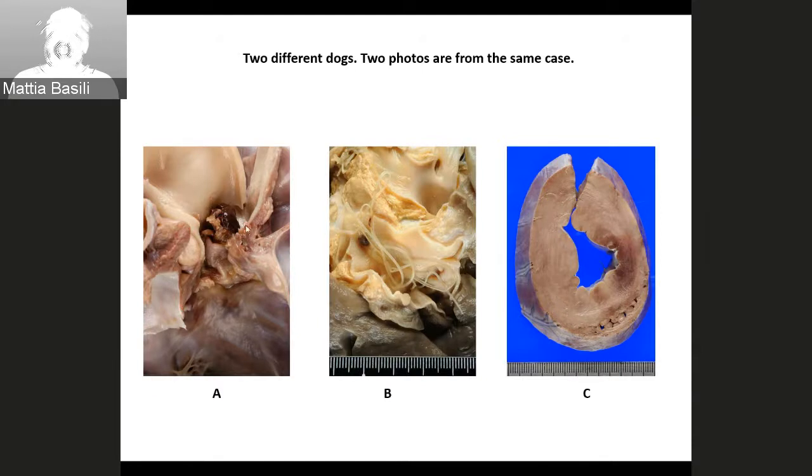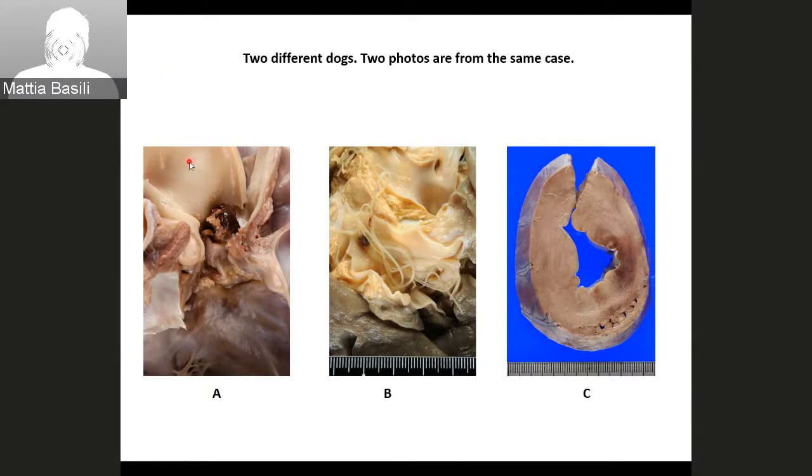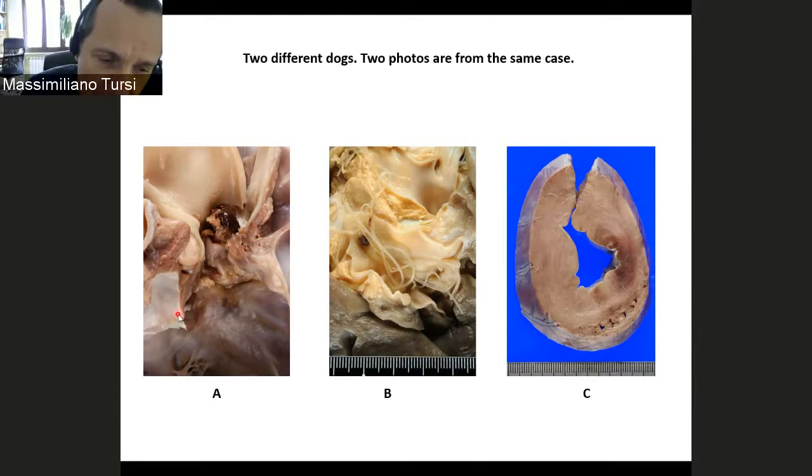Before seeing, I have to cut in a longitudinal point of view. I have to cut the anterior leaflet of the mitral valve. So ascending aorta, ventricular wall, that's the interventricular wall in particular, anterior or aortic or septal leaflet of the mitral valve that I have to cut before to see.